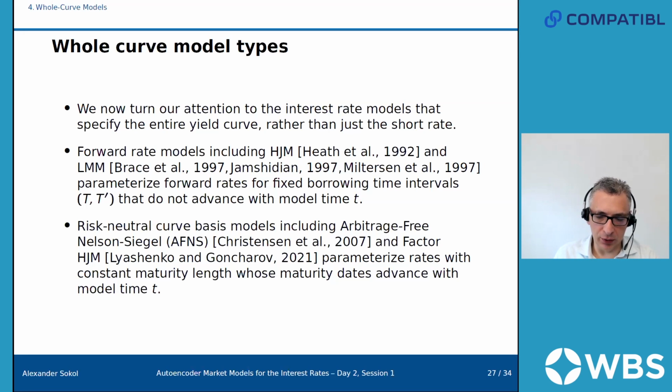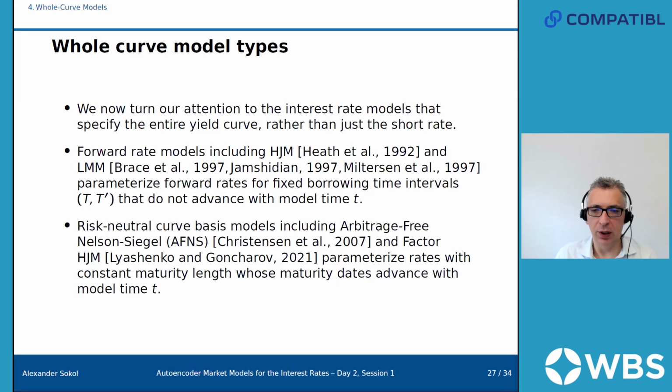However, it turns out, and again, due to the fact that we only have one hour for risk-neutral models, I cannot go into too much detail. But the point I wanted to make, just before focusing on a single model type that we will have time to discuss today, is that the derivation of these curve basis models basically starts from instantaneous forward rates.